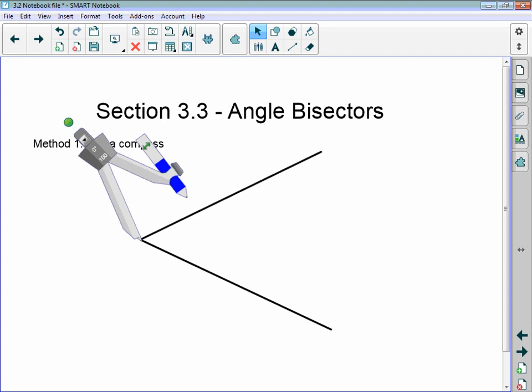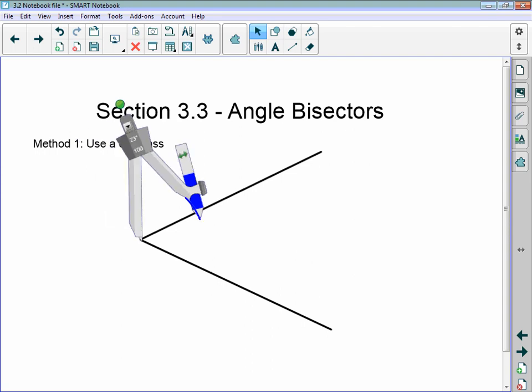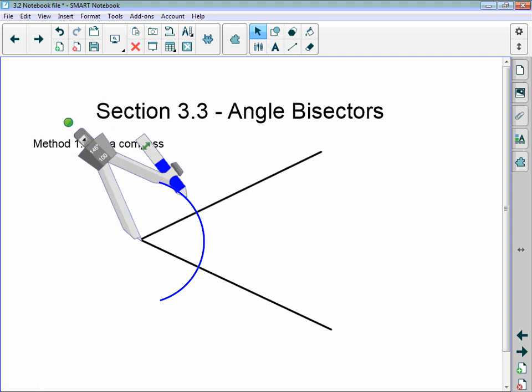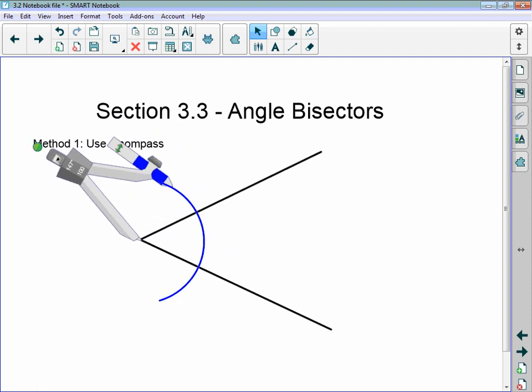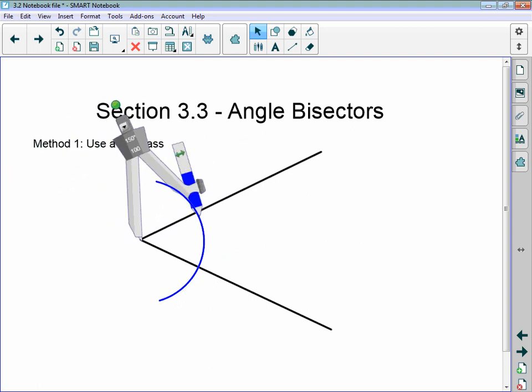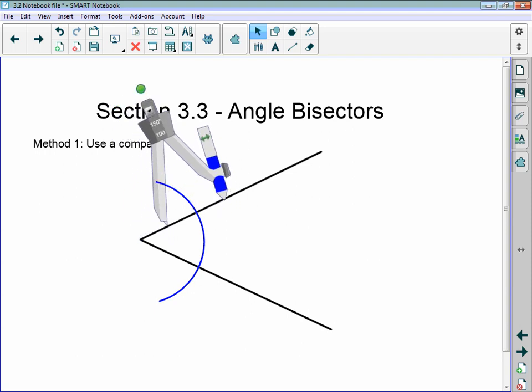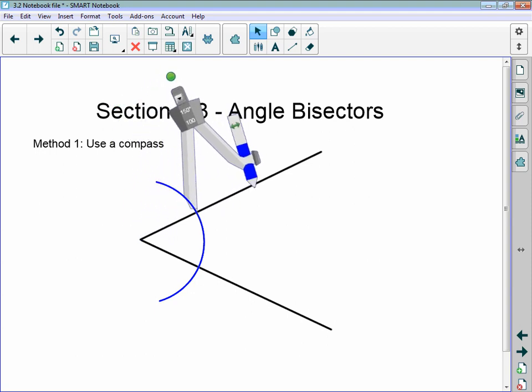With the pokey part of my compass where the lines meet, I'm going to make a nice arc across my angle. And now, without changing my compass, I'm going to move the pointy part to where that arc and one line meet.